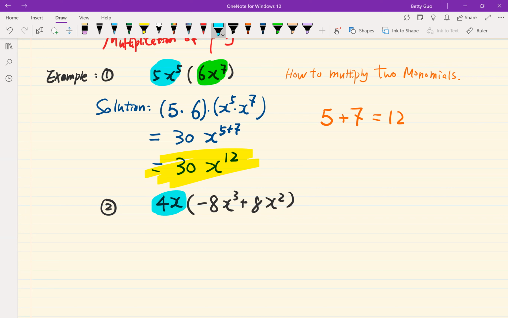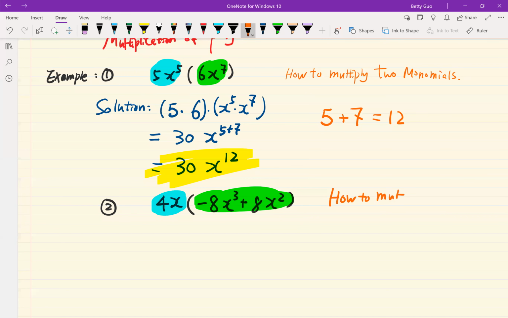It's a monomial, right? And let's see what's inside the parentheses. The green part, what kind of polynomial is that? Monomial, binomial, trinomial? Binomial, two terms, right?